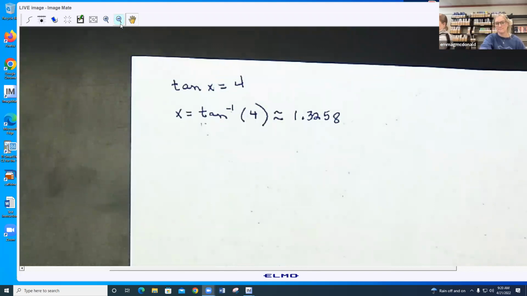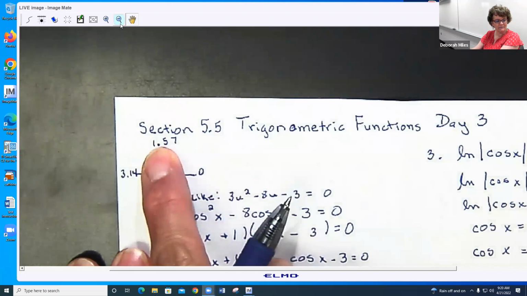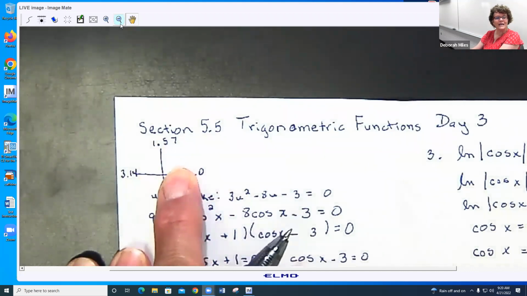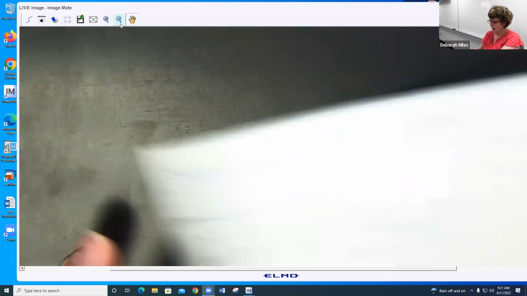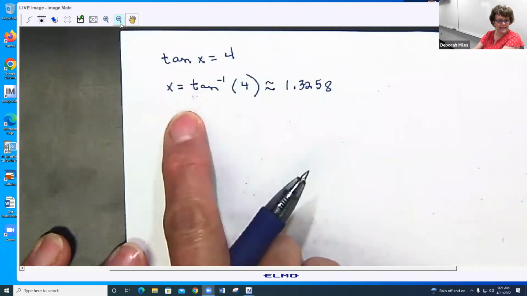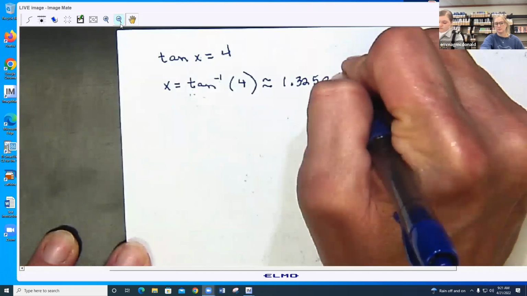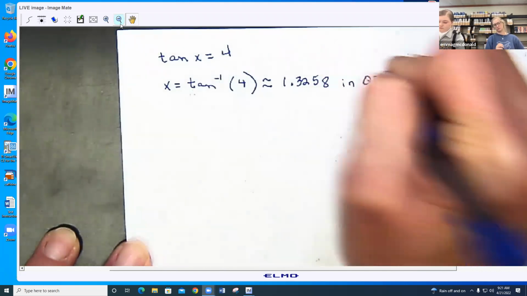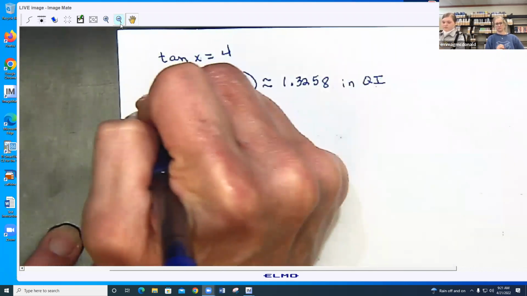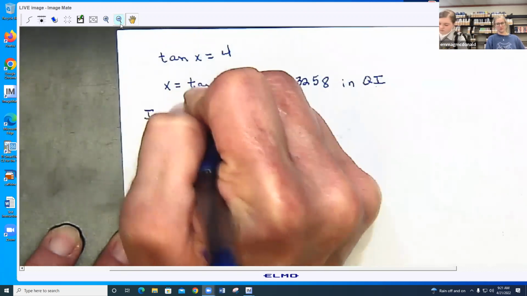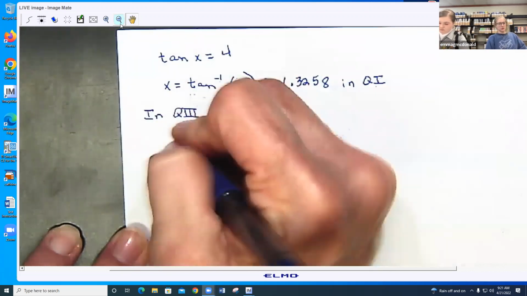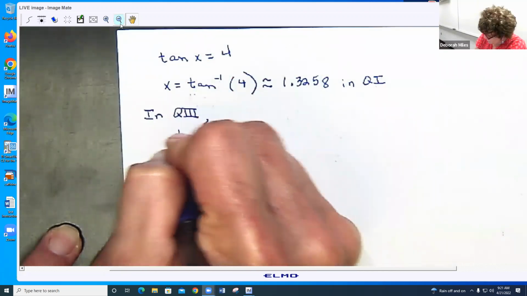Quadrant 1. Yeah, because it's between 0 and 1.57. It's in quadrant 1. In what other quadrant would I have an angle whose tangent is positive? Quadrant 3. Yep. Let's see.